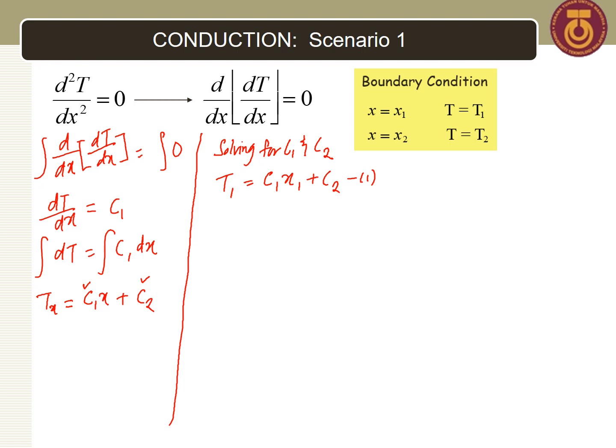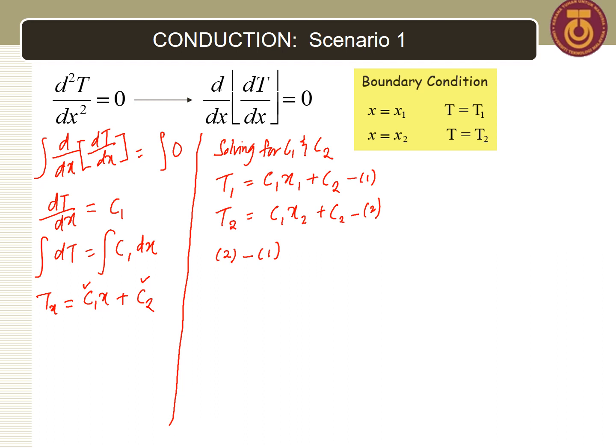Similarly for point number 2, it becomes T2 equals C1x2 plus C2. So we can solve this simultaneously. Equation 2 minus 1: when we do this, we will be able to remove the C2.